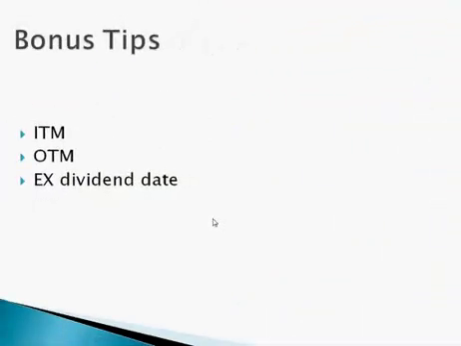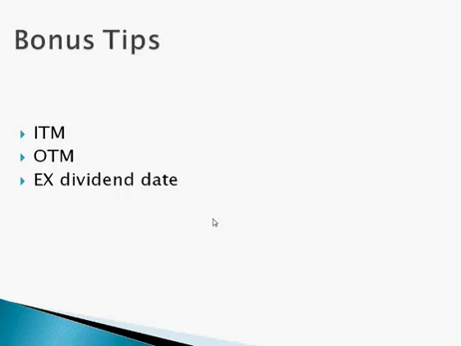Bonus tips. If you are going to be selling options using spreads, credit spreads, put credit spreads and call credit spreads, if you go in the money, you're going to receive more premium. However, there's a risk of you getting assigned.